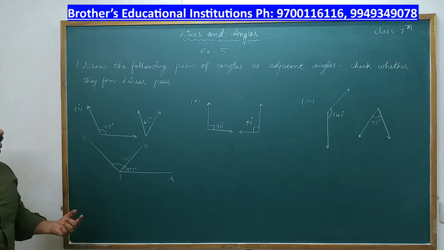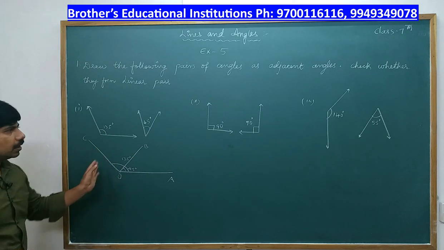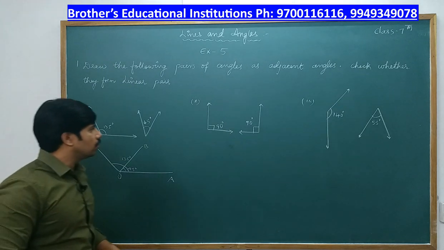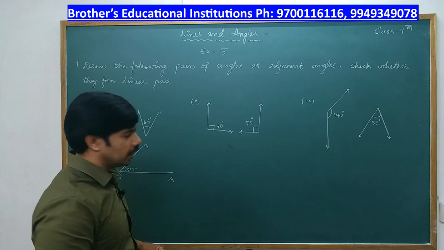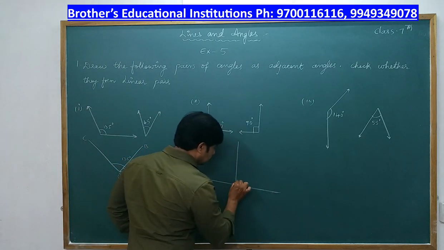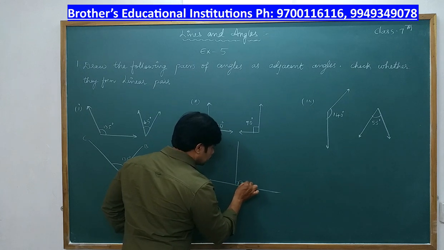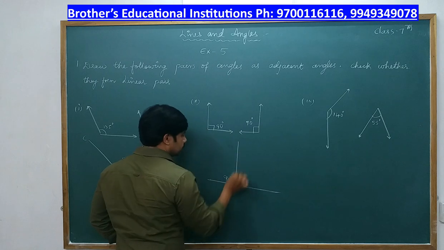So these two angles we have drawn as adjacent angles. Now the next one is both are 90 degrees. So both angles are 90 and 90. Say this is 90 degrees, and this is also 90 degrees.